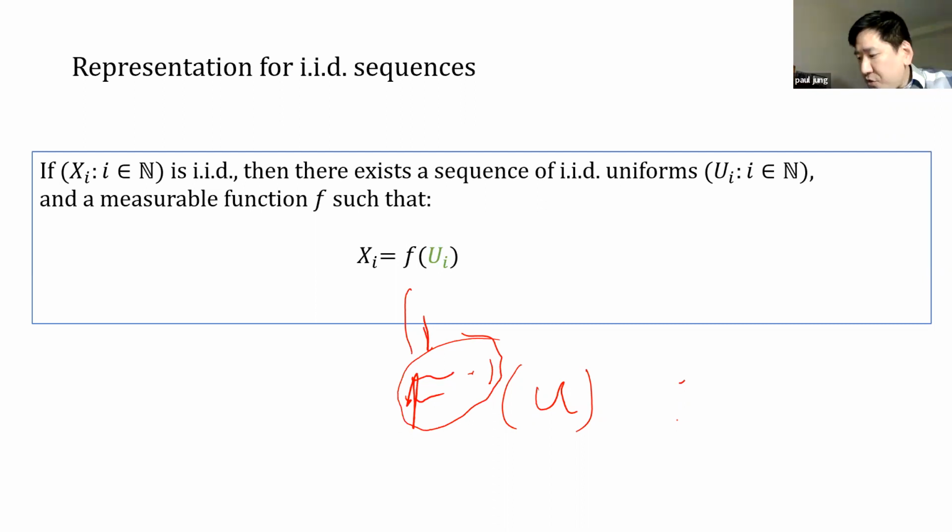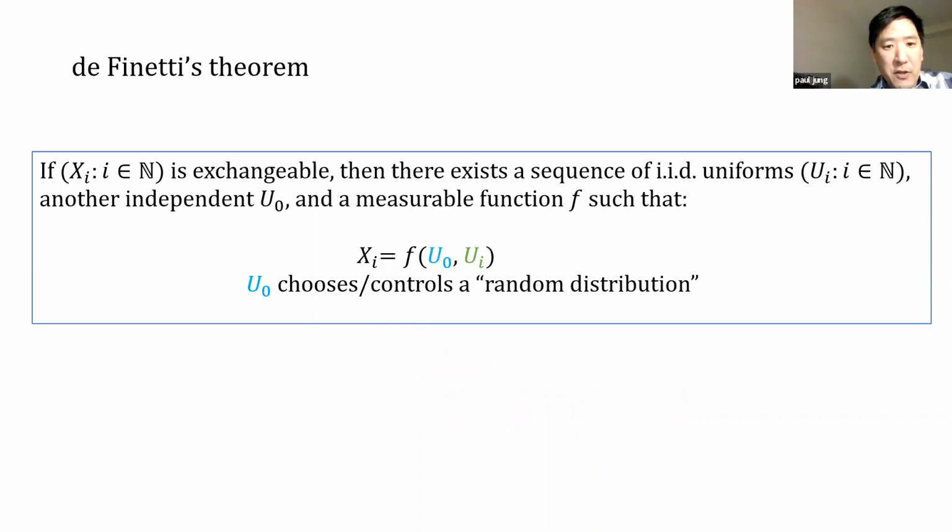In any case, maybe I'll just use the pointer. What we want now is to randomize f. We can think of this as having some argument omega inside. If that's the case, then we actually have the random distribution for an exchangeable sequence. So what I'll do is add randomness.